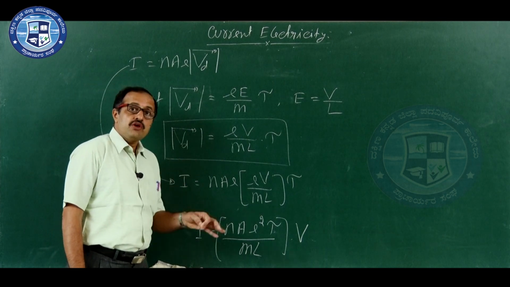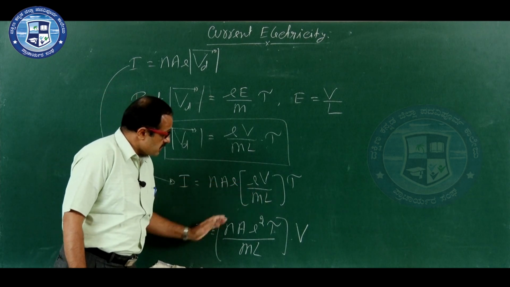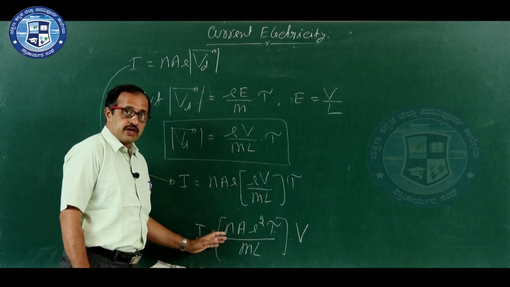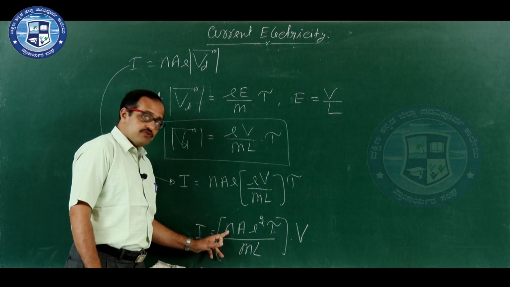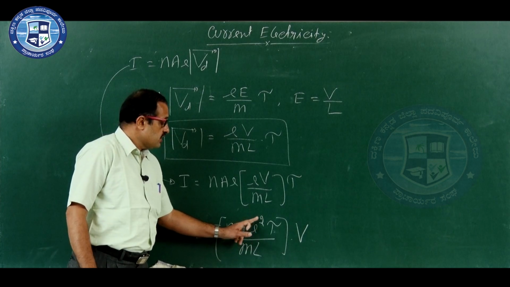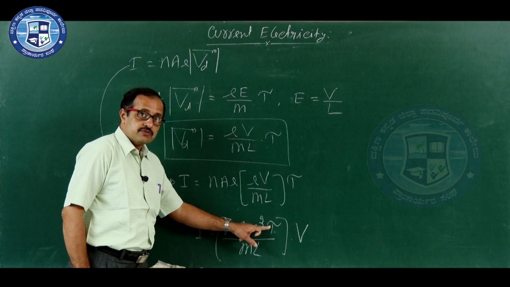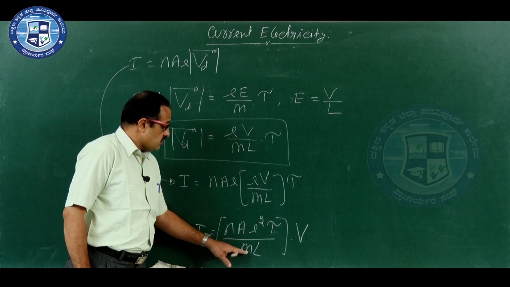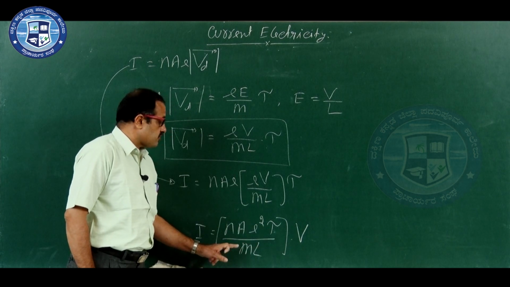At the given temperature, very important, all the terms inside the bracket are constant. Free electron density is a constant, area of cross section of the wire or conductor is a constant, charge on the electron is constant, at the given temperature tau is a constant, and mass of electron and length of the conductor are also constants. Therefore, all these are constants.